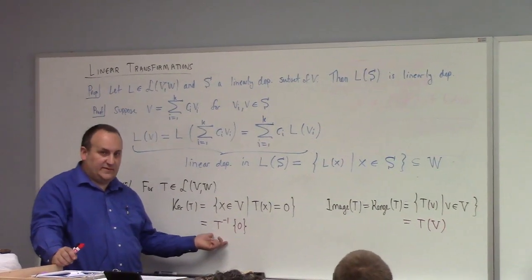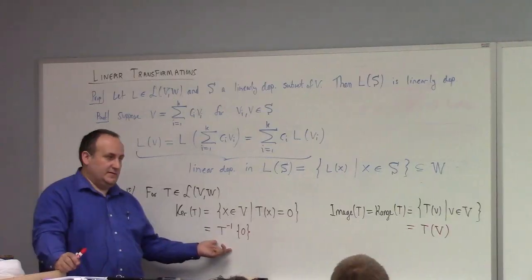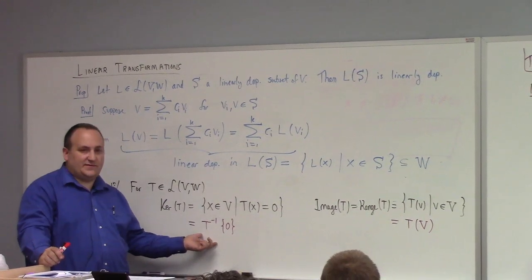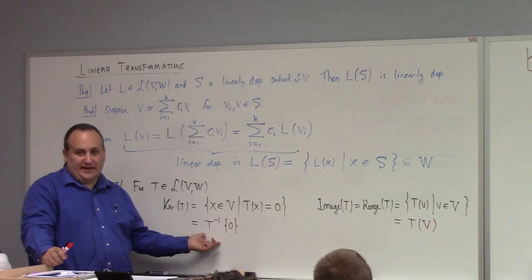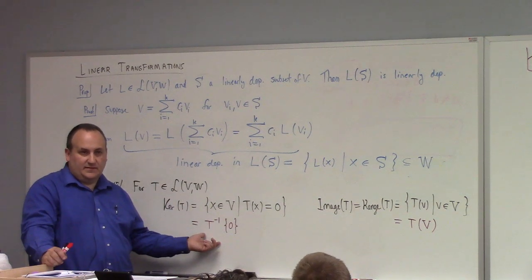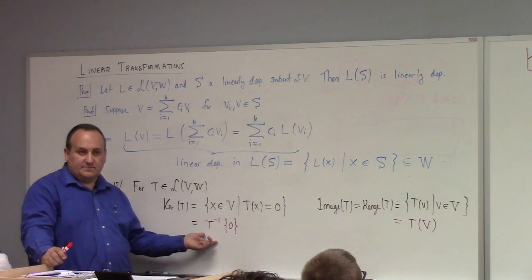This is inverse image not as a function, but as a set. So when is the function invertible? Only if it's both one-to-one and onto, right? And there are lots of functions that are one-to-one but not onto.